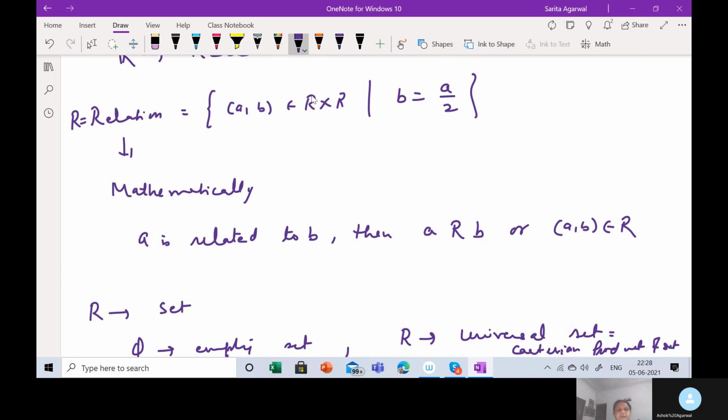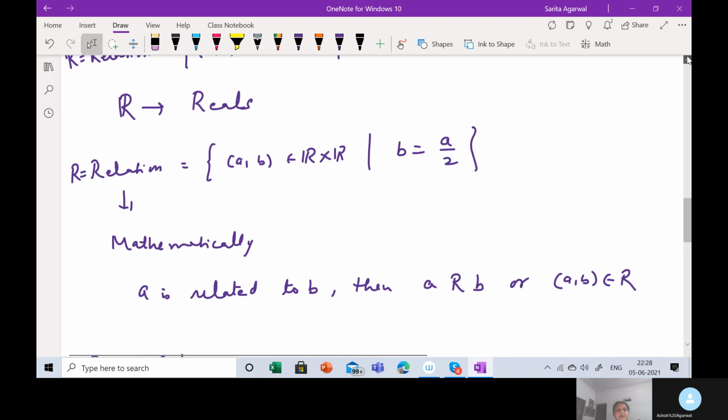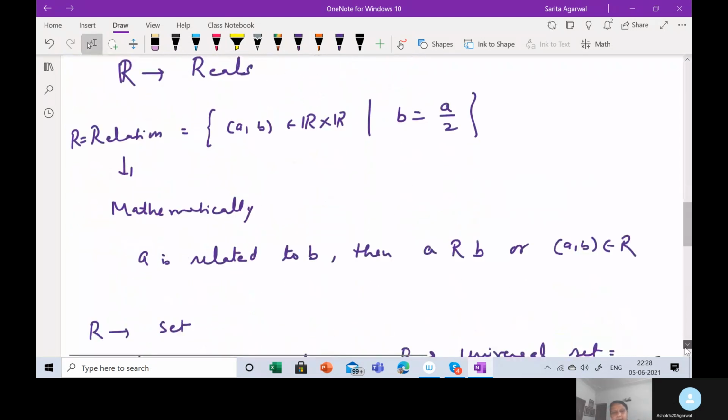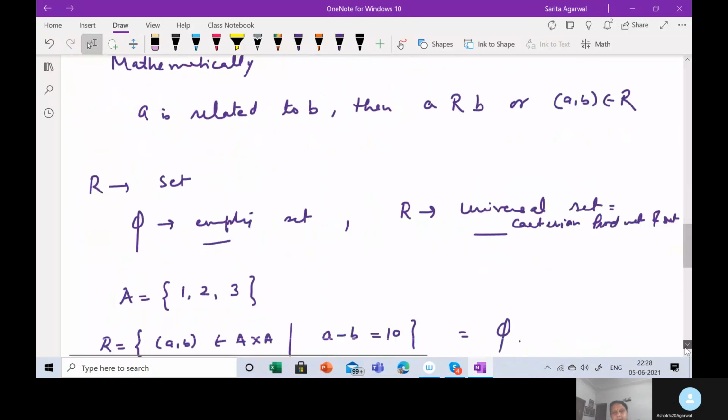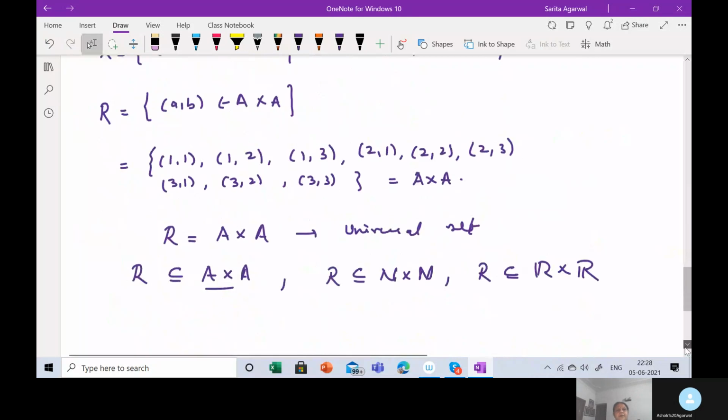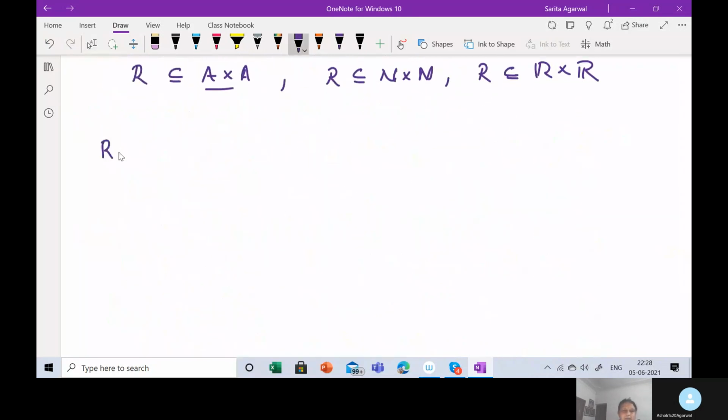We can write this as this; I am representing the reals with the symbol R. When this R is the empty set, meaning the relation is empty, we call it the empty relation.